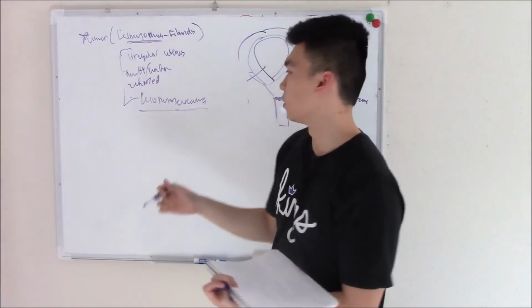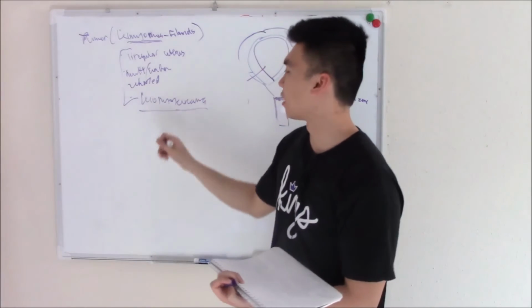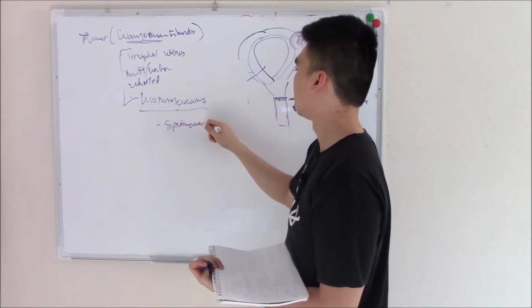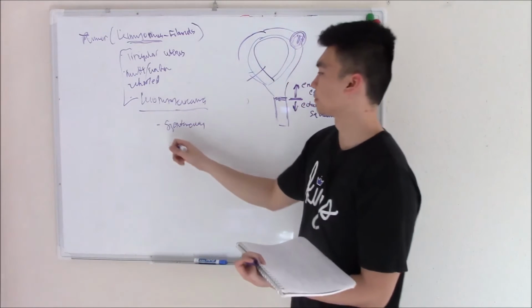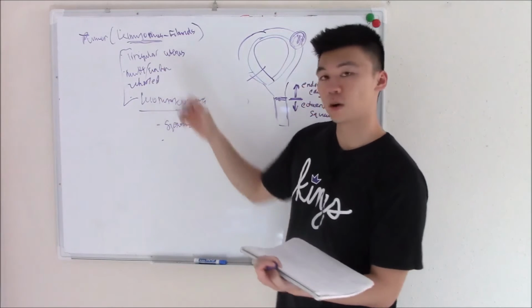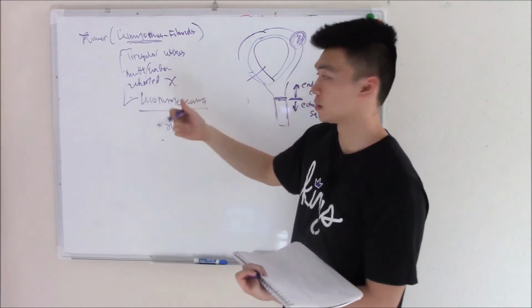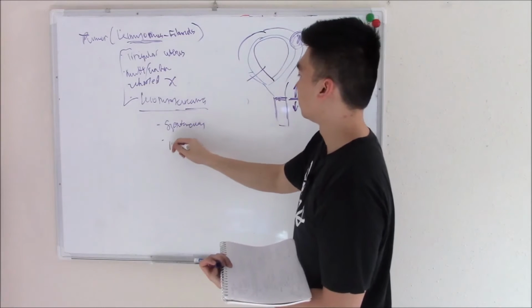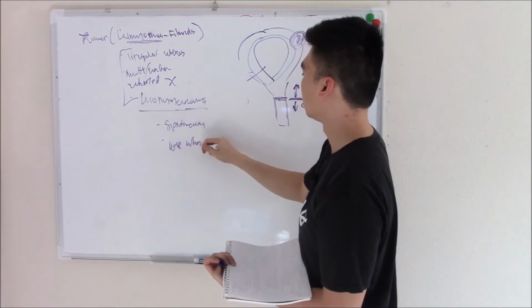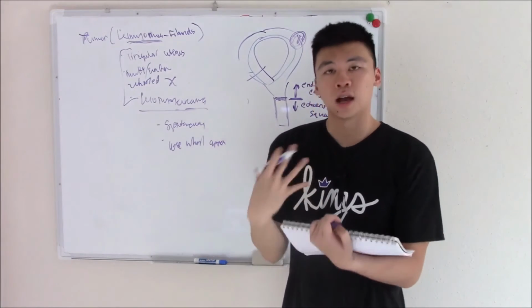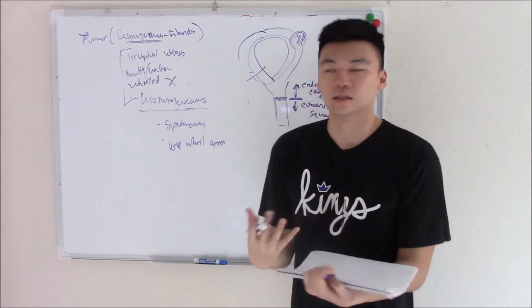Most leiomyosarcomas are spontaneous, so they're not from malignant transformation. How can you tell the two apart? Well, when it becomes a sarcoma, it's going to lose its whorled appearance. Instead, it's going to appear necrotic, hemorrhagic, just looks worse.